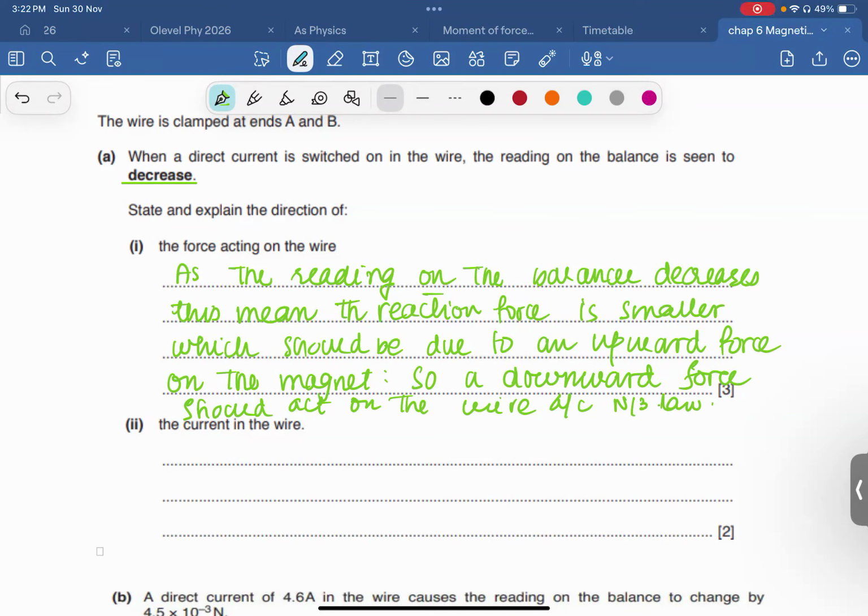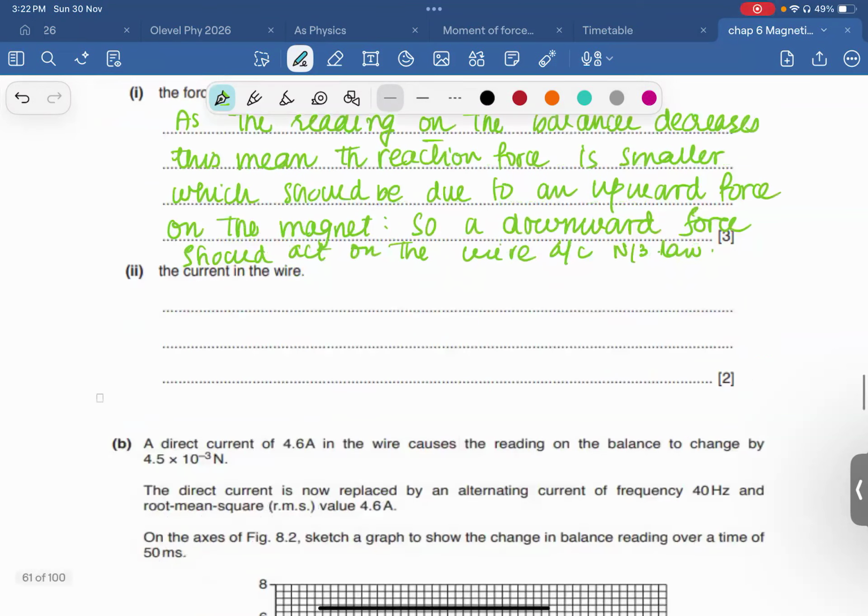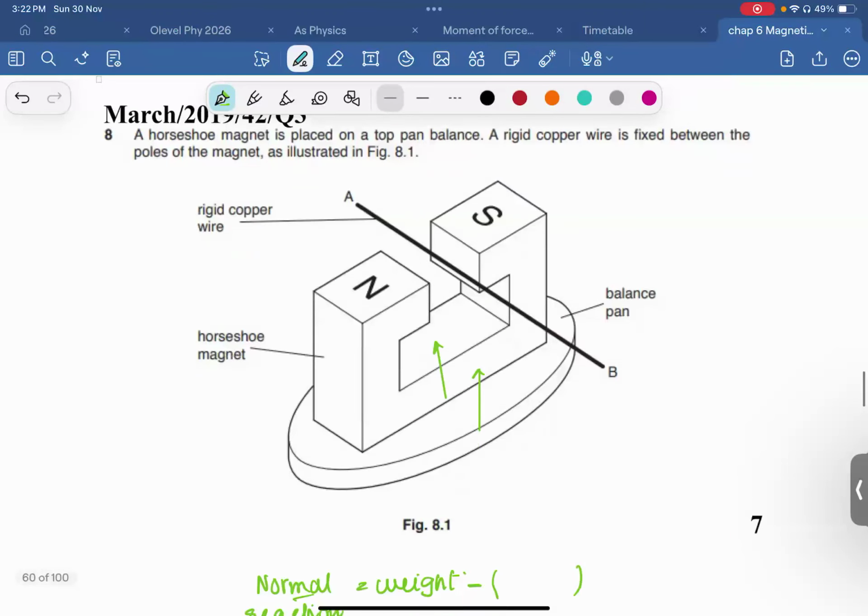Now, the current on the wire. So we basically come up with the fact that the force on the wire should be downward. And if the force on the wire is downward, then the poles are mentioned. So use Fleming's left hand rule, just figure it out. So it will be from B to A, right?